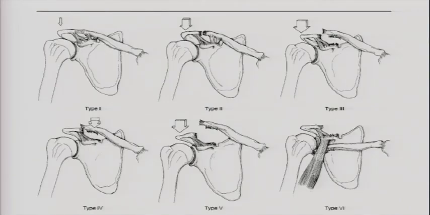I think the only reason that these classifications are pertinent, you can predict the healing capacity, the return to play, based on which type of AC sprain has occurred.